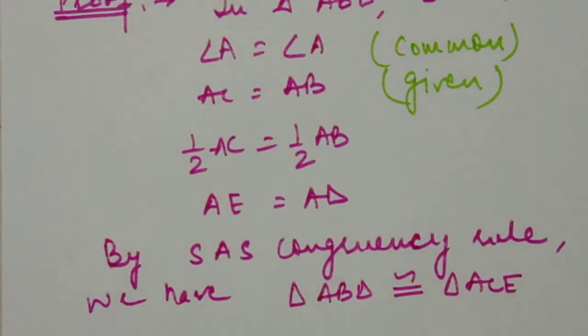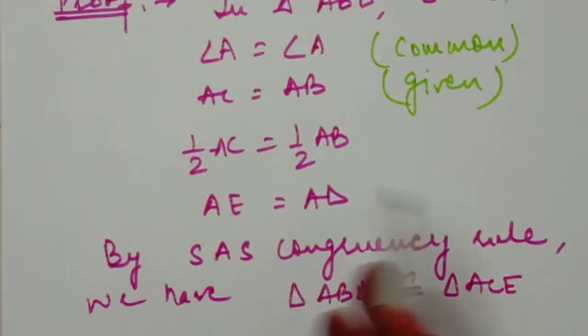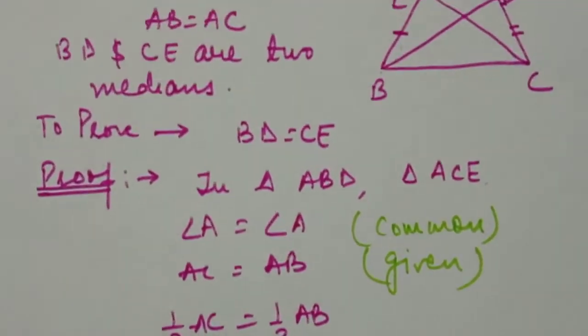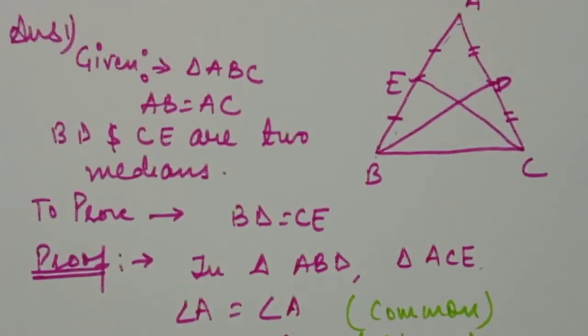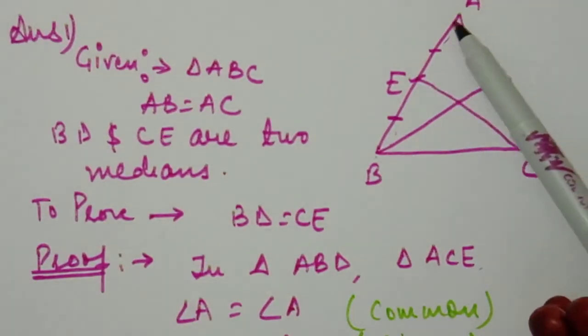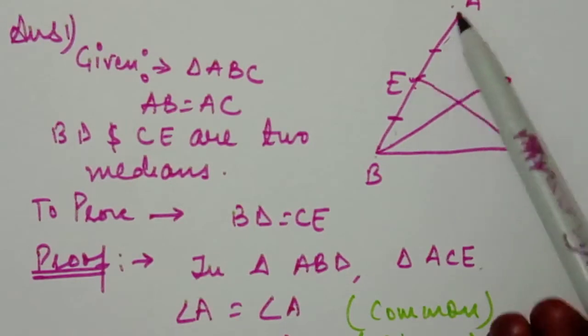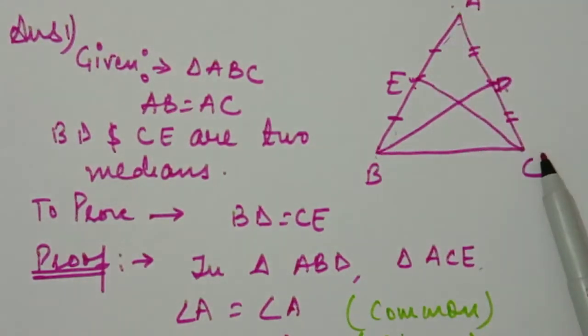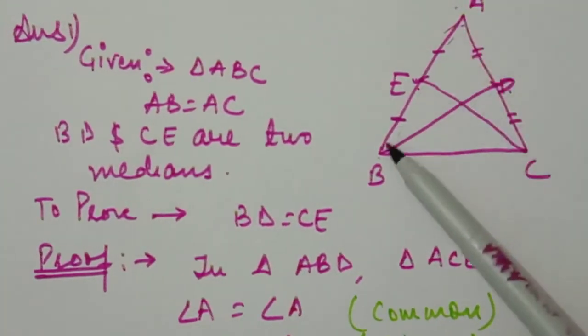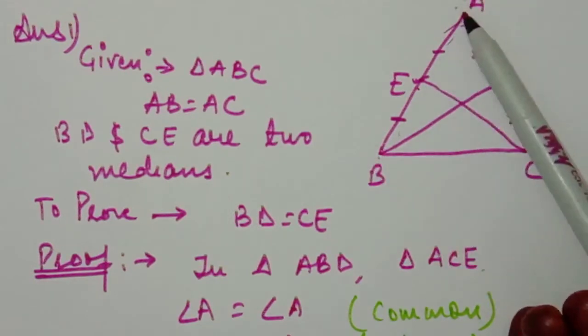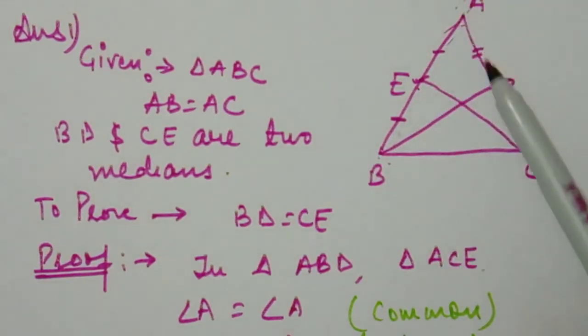If someone has any confusion about this third condition, I once again repeat. Beta, in these two triangles, angle A is common, AC is equal to AB, and these two are the medians, so half of AC and half of AB are also equal to each other. In triangle ABD, I choose AB, angle A and AD.